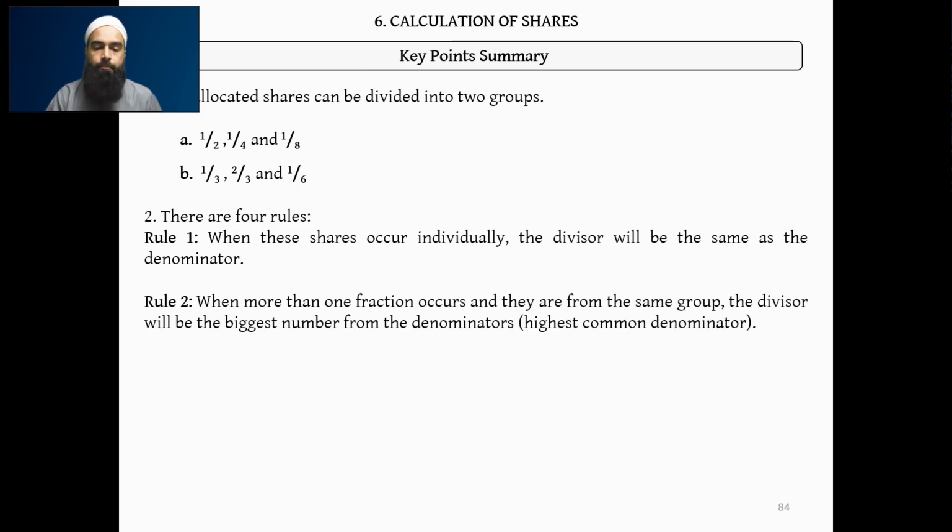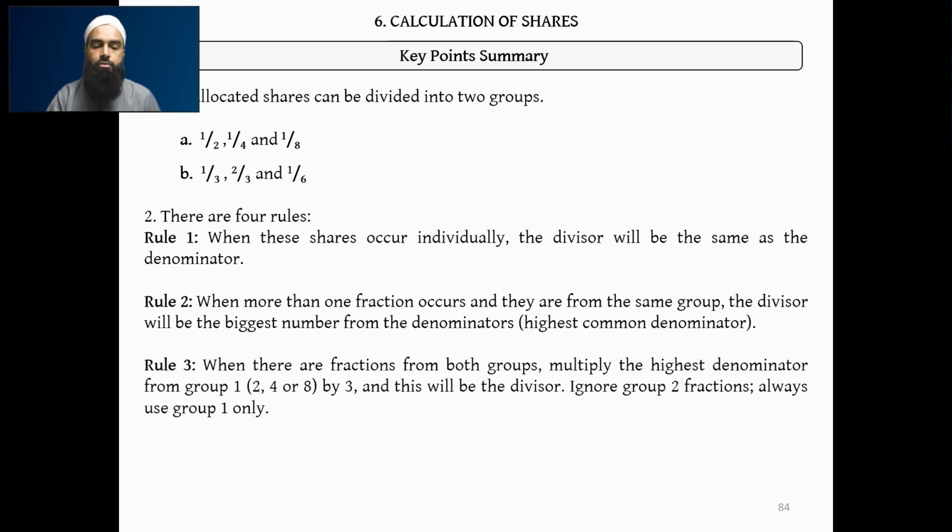Rule number two, when more than one fraction occurs, and they are from the same group, so group A or group B, or group 1 and group 2, whichever way you want to say, the divisor will be the biggest number from the denominators. Whatever the highest common denominator is, that's the one we'll use.